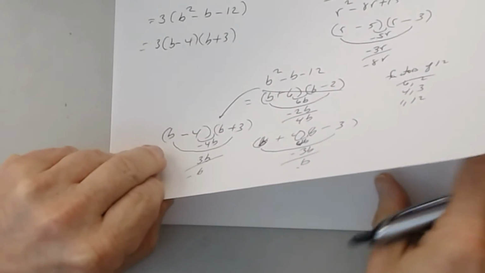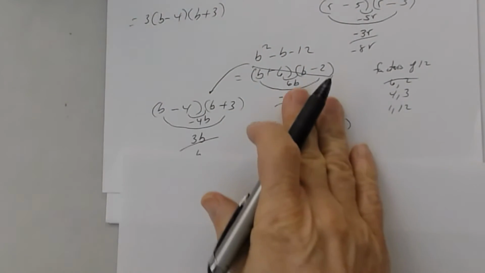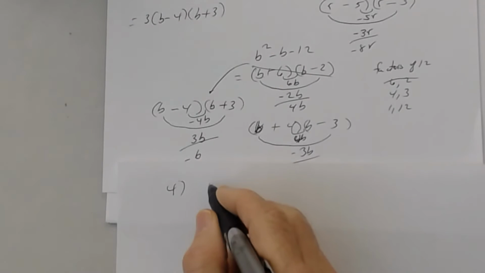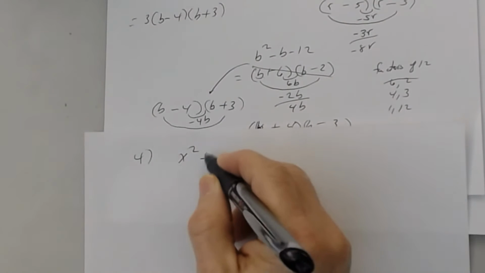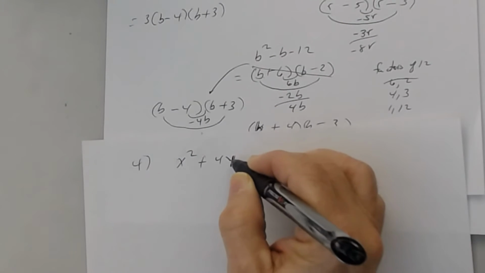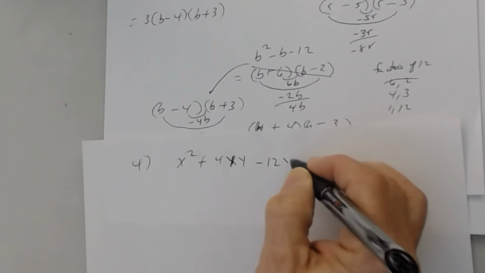All right, now let's look at this problem. Okay, number 4. Suppose in number 4, I have x squared plus 4xy, that's an xy, minus 12y squared.